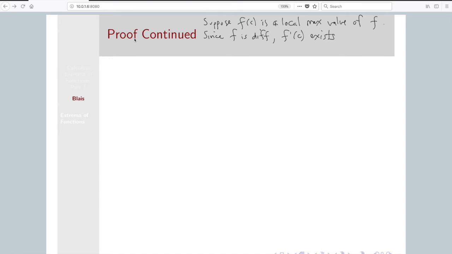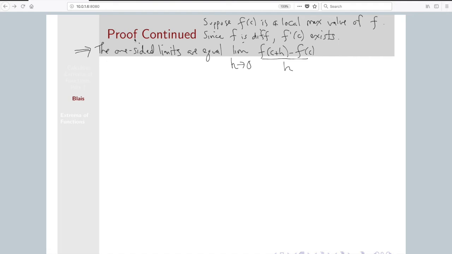Since f prime of c exists, the definition of derivative means the one-sided limits are equal. The one-sided limits from the definition of derivative. So the limit as h goes to 0 of f of c plus h minus f of c over h, that is the definition of f prime of c.